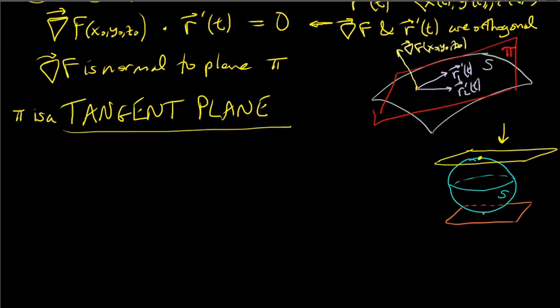You can also imagine a point on the equator here. Now the tangent plane will be a vertical plane instead of a horizontal plane. So here we have a vertical tangent plane. And then the yellow and the red planes at the North and South Pole are horizontal tangent planes.